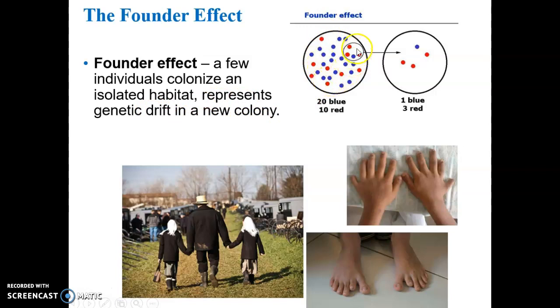So for example, if you have an original population and only a few individuals migrate to a new habitat or a new environment, more than likely the allele frequency distribution is going to be different because only a small fraction of the original population is represented in the new population. Okay? So notice here 20 blue alleles, 10 red alleles. If only a few individuals become a founding population, the allele frequencies are more likely going to shift.